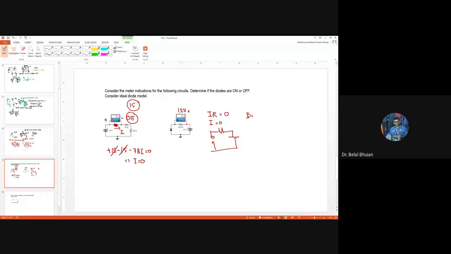When the voltage is 12 volt, what will happen? Actually, it's not possible. In fact, the diode is reverse bias. So diode is reverse bias. But if it were like that, let's do a problem something like that.